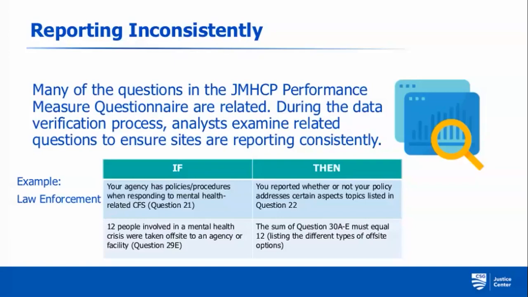And you answer 75. Well, logically, that doesn't make sense. If you only have 50 specially trained law enforcement officers, you can't have 75 people who are then specially trained responding to calls for service. So we try and pick out outliers like that to make sure that the data is as accurate as possible.